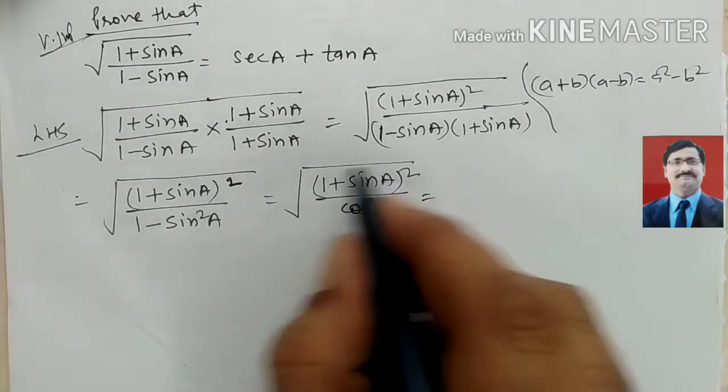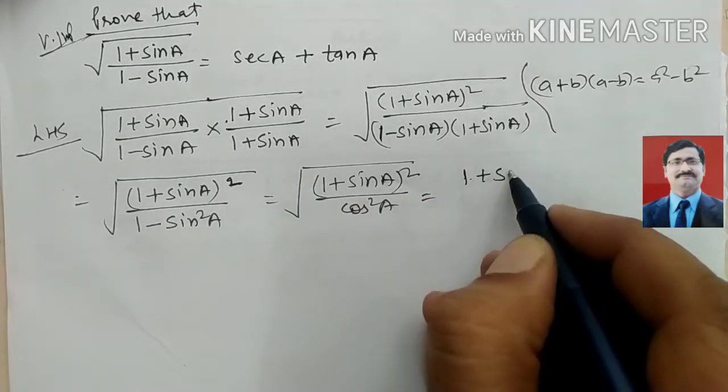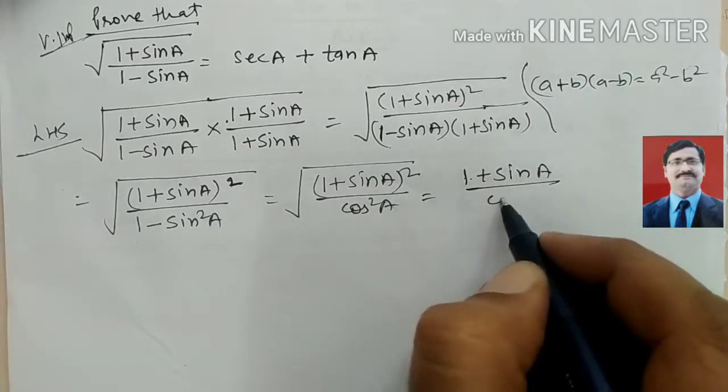Now square and root cancel, and you get (1 + sin a)/cos a.